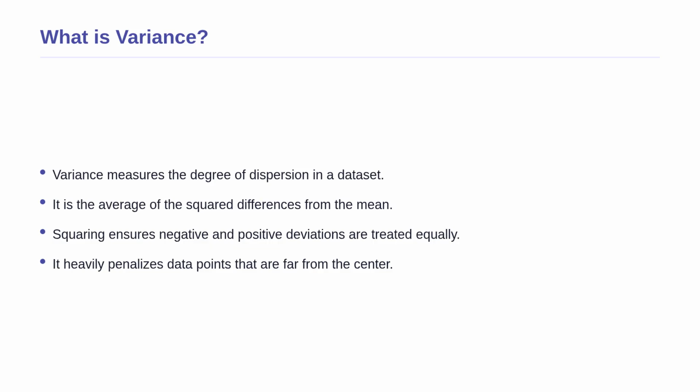You might wonder why we square the differences. Because variance squares these values, it treats negative and positive deviations equally, ensuring they do not just cancel each other out. Furthermore, squaring heavily penalizes extreme outliers, giving us a very clear mathematical picture of how scattered the data truly is.